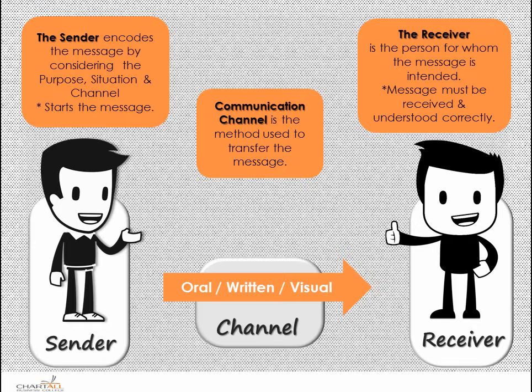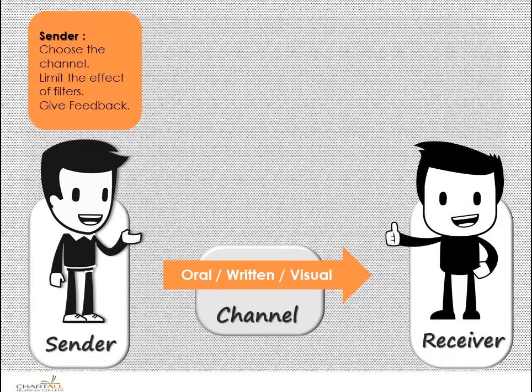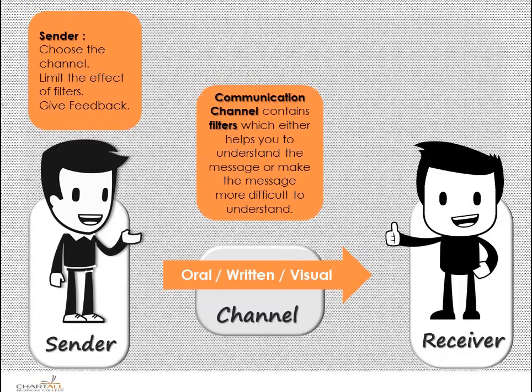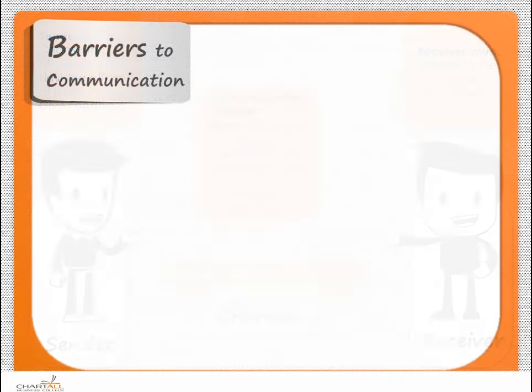The receiver is the person for whom the message is intended. Once he receives the message, he must decode it, interpret its meaning. How successful this will be depends on how familiar the receiver is with the subject, how well the receiver knows the sender, and the appropriateness of the communication channel.